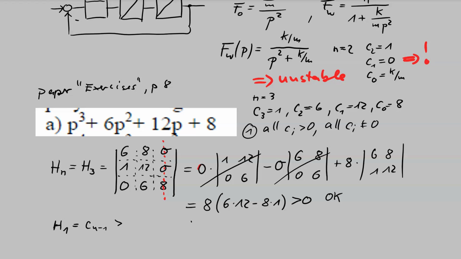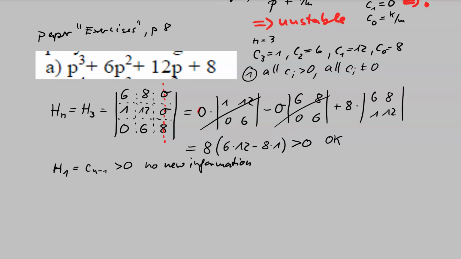This must be positive and unequal to 0, otherwise the first condition is violated, so no new information. If this were negative, then condition 1 was violated, and so we can stop earlier, so no new information.